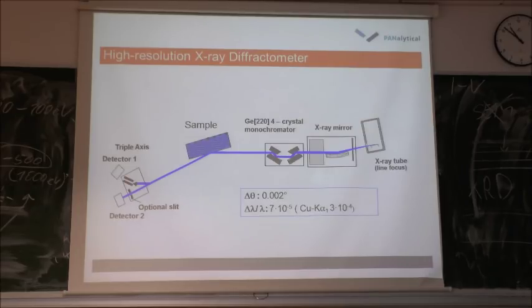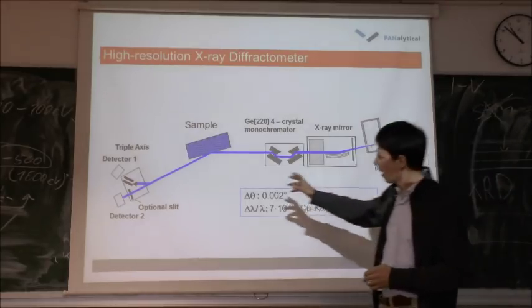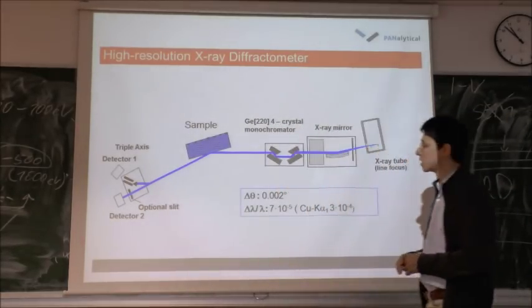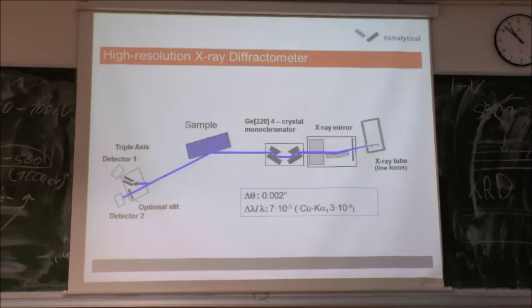But we do oxides on oxides, we do oxides on silicon, and in these cases the broadening of peaks which is related to imperfection of crystals is bigger than the instrumental broadening. Yeah? So therefore it doesn't make sense to go to really high resolution measurements. But then what we have is a triple axis, which again removes everything other than the signal related to the sample.